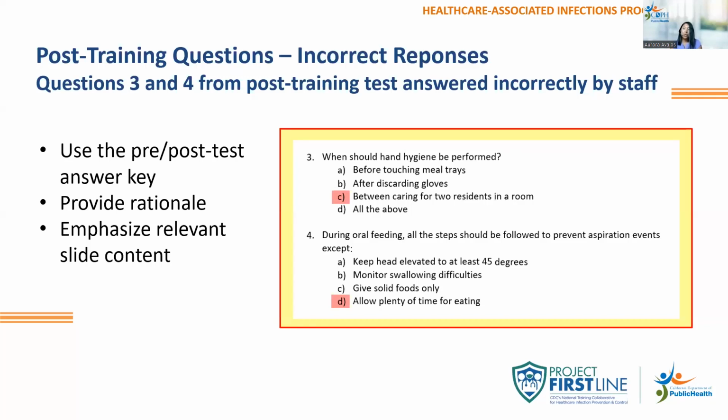You can also go back to key slides from the slide presentation to review IPC concepts. Question 3 asks, when should hand hygiene be performed? The correct answer is all of the above, but your staff selected just one option: between caring for 2 residents in a room.